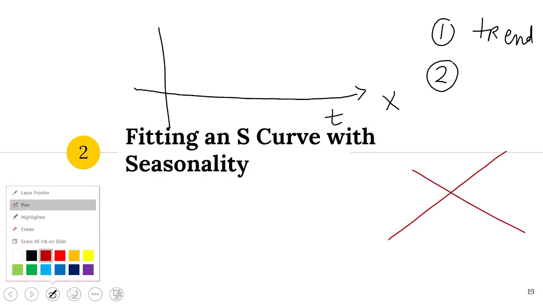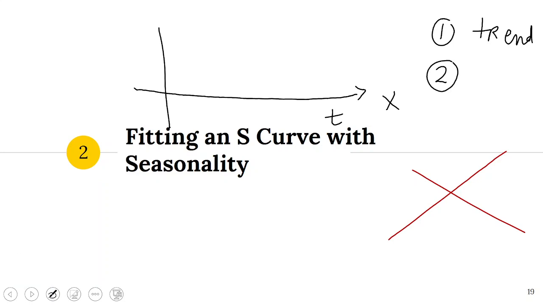Now, as you have probably noticed, the lines that I drew are a little zigzaggy, like it's going up and down. So for example, this is year 1, this is year 2, and this is year 3, okay? And this is starting from January until December, okay? It's starting from April.